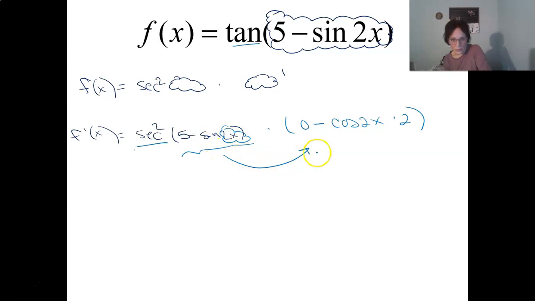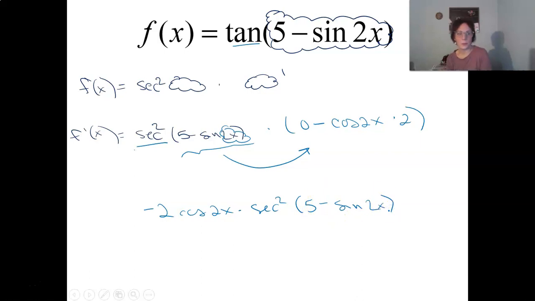I take the derivative of this piece, and the derivative of this piece just happens to also be a chain rule derivative. So if I write this out again, I would write negative 2 cosine 2x times the secant squared of 5 minus sine 2x. And there we have it. 2 chain rules.